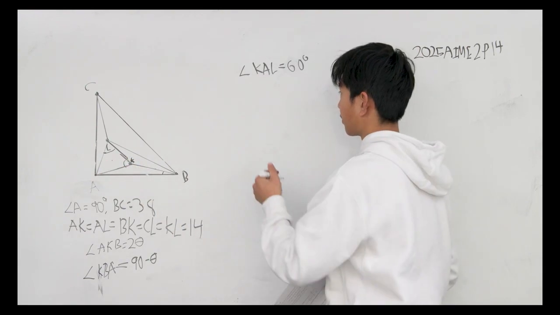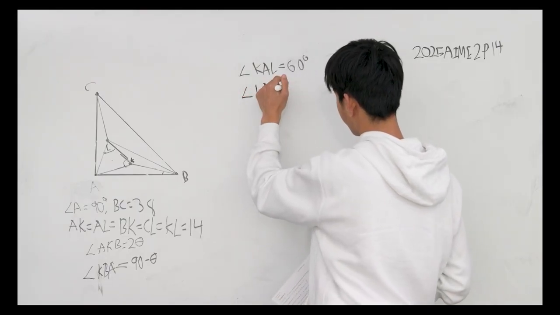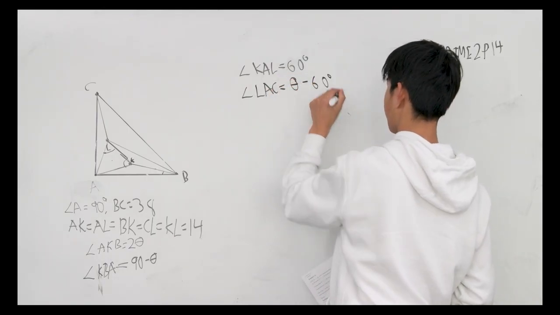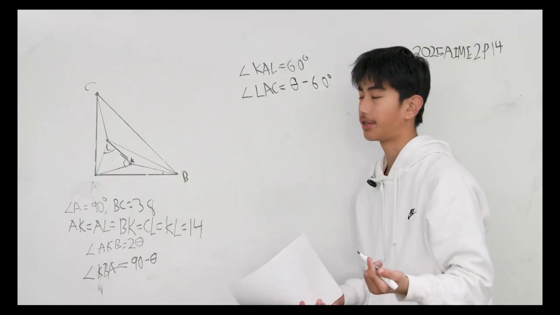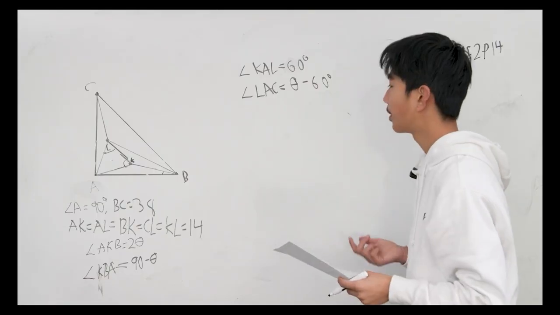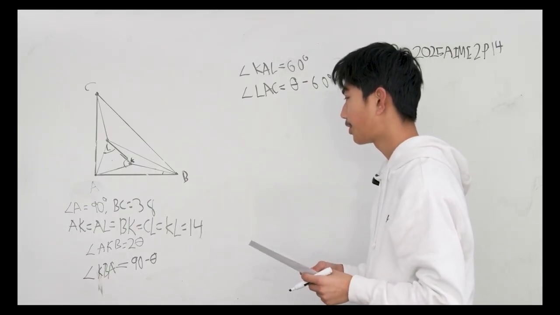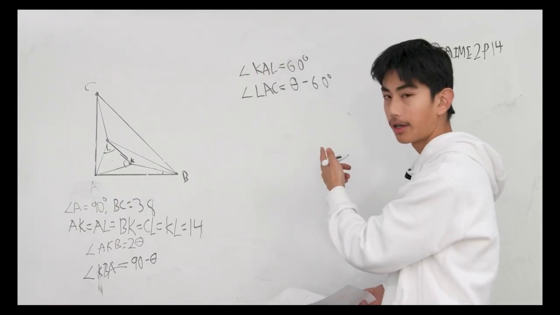So we find that angle LAC is equal to theta minus 60 degrees. So theta obviously has to be greater than 60 for this to be possible. We know that LAC is theta minus 60, so we have this property right here.